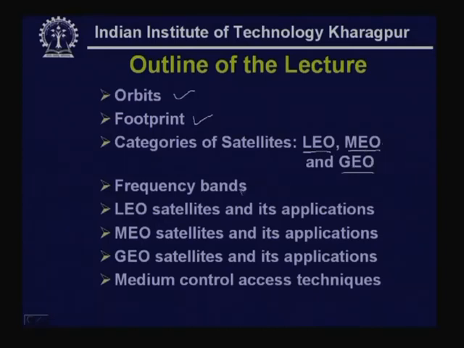And I shall mention the frequency bands which are used in satellite communication. Then we shall consider one after the other the different categories of satellites, like LEO satellites and their applications, MEO satellites and their applications, GEO satellites and their applications, and finally, I shall discuss the medium access control techniques used in satellite communication.